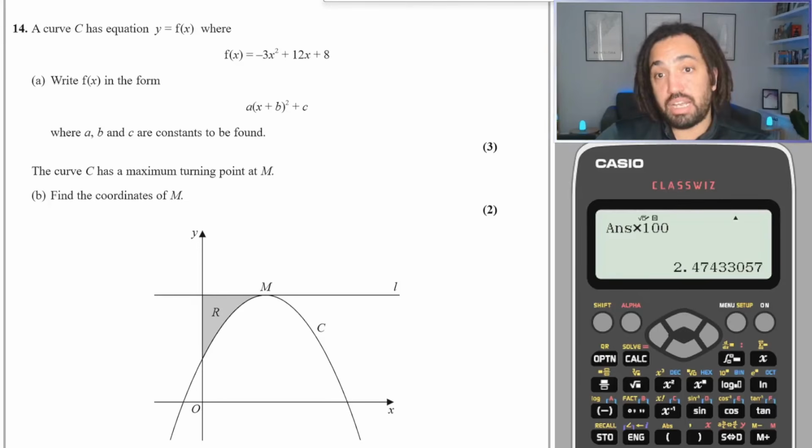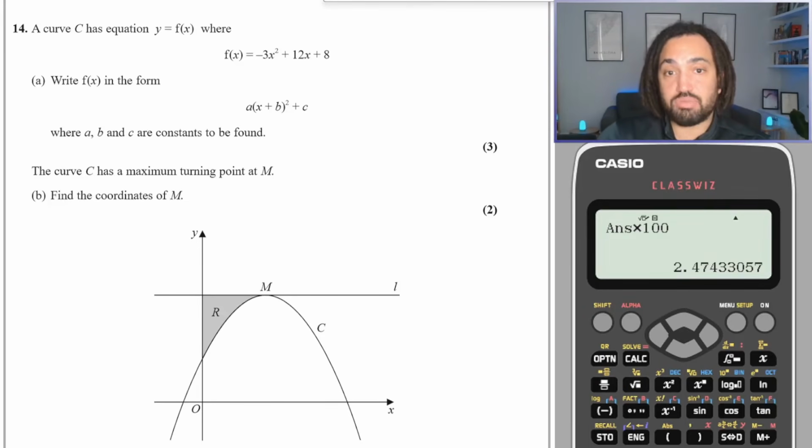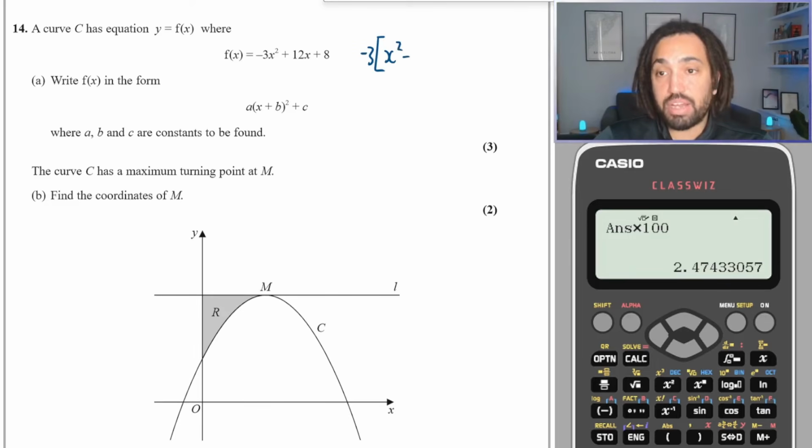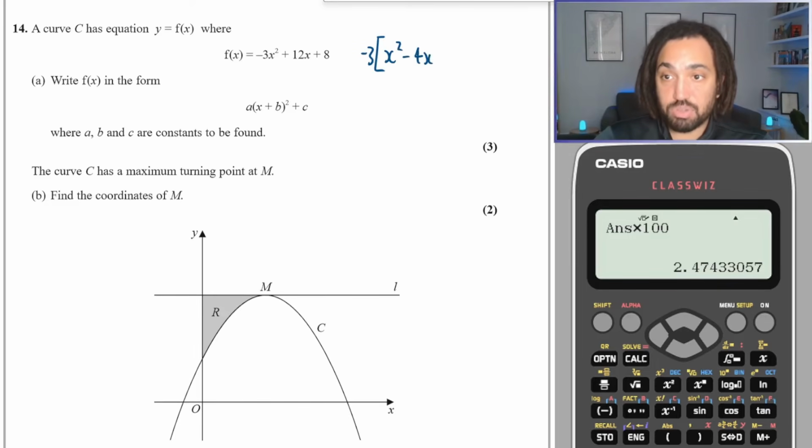Question 14, we have a function and it says write f of x in this form where a, b and c are constants to be found. Okay, so that just means complete the square basically. We can do that. So we'll take out a minus 3 from the first two terms, and that would give me minus 4x, because minus 3 times minus 4 is plus 12 as desired.